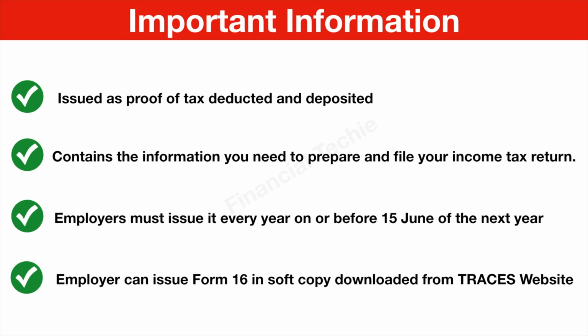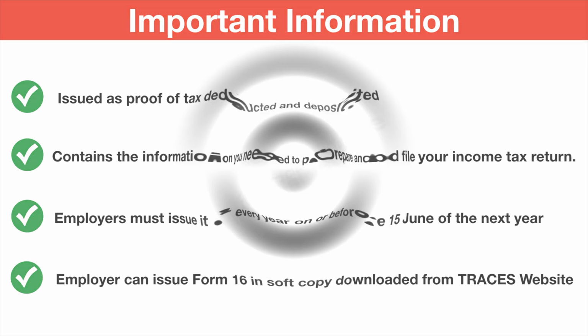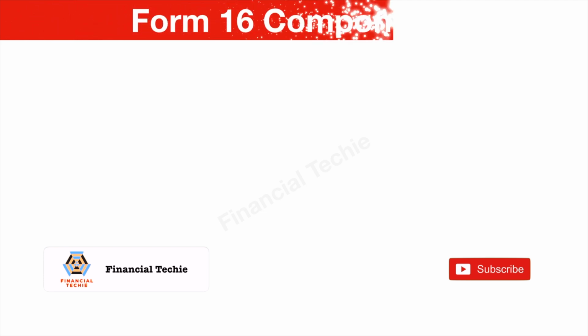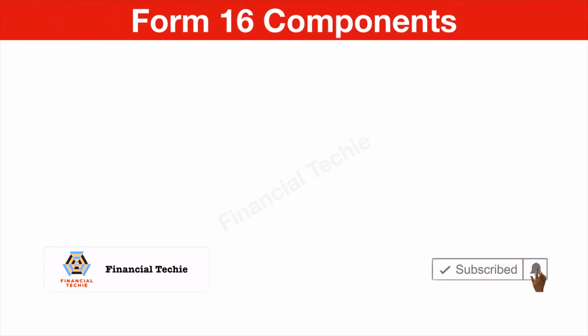They will be able to download each employee's Form 16 from Trace's website. The point to note is that you cannot download your Form 16 using Trace's website. Only employers can log in with their PAN and TAN, and they will be able to download and issue the Form 16 to you.